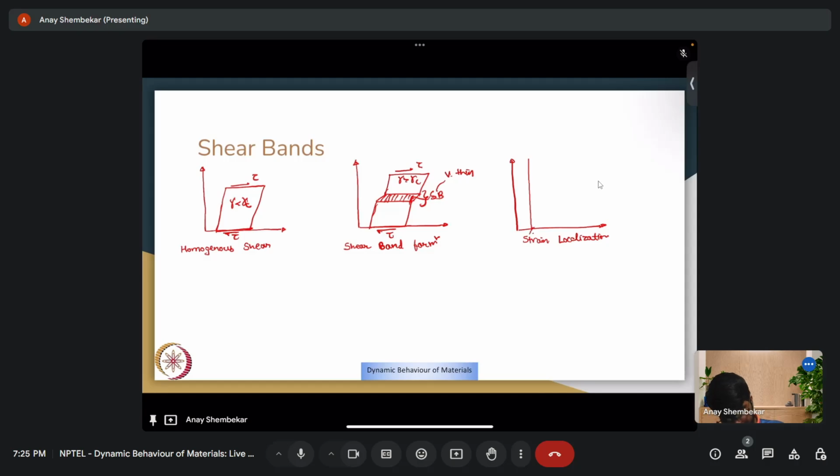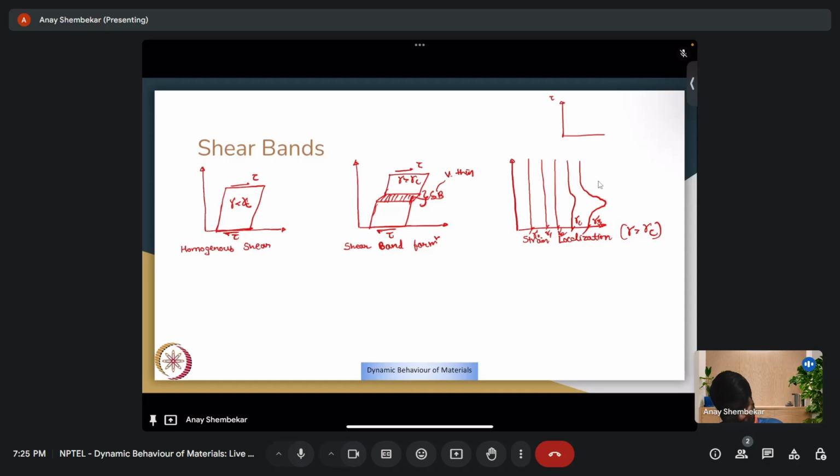So you have a homogeneous shear strain at gamma naught, gamma 1, gamma 2, and then at some critical value, gamma critical, and beyond that, gamma 3. So strain localization is seen beyond a particular critical value, and that critical value can be evaluated by looking at your shear stress shear strain curve.